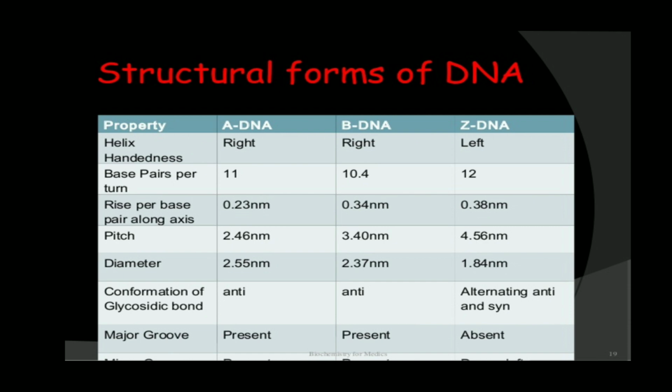Subsequent experiments have shown that DNA is much more polymorphic than expected. Poly means many. Before that, scientists considered it a monotonous structure, but after experimental evidence, they said that DNA is polymorphic in nature. So the DNA can be of the following types, which you can see in this slide.